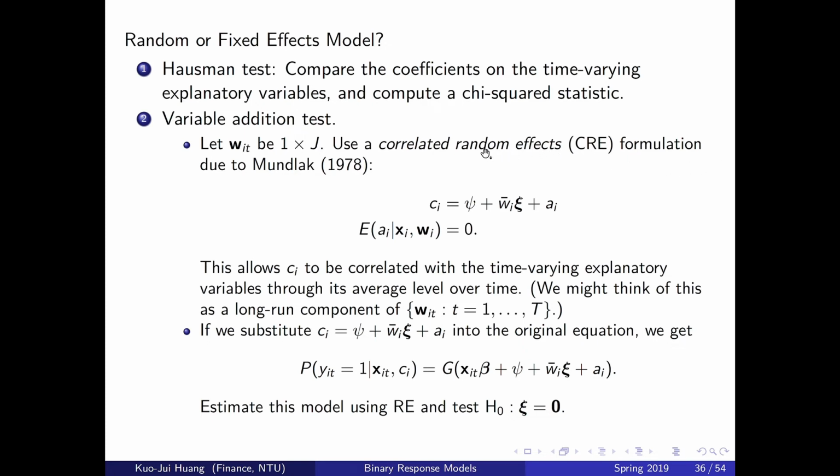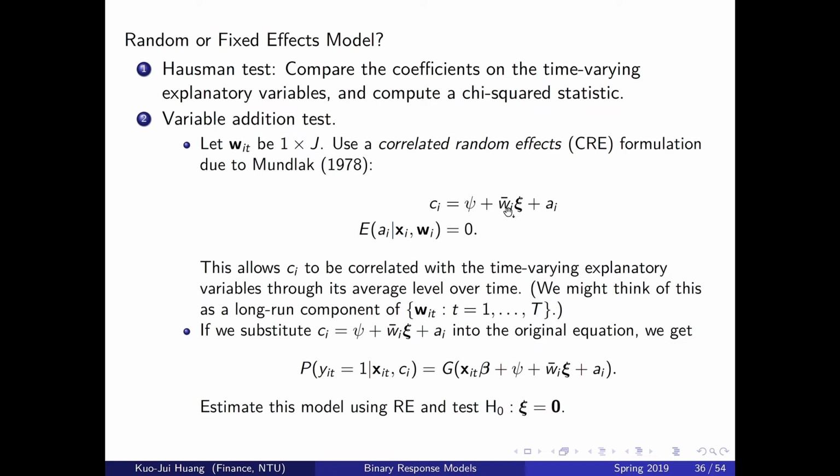And the second test is the variable addition test. First, let Wit be a 1 by J vector. The Wit is some time-varying factor in unobservable effects Ci, and then we use the correlated random effects, CRE, formulation proposed by Mundlak 1978. In this case, the Ci can be decomposed into psi plus Wi bar c plus ai.